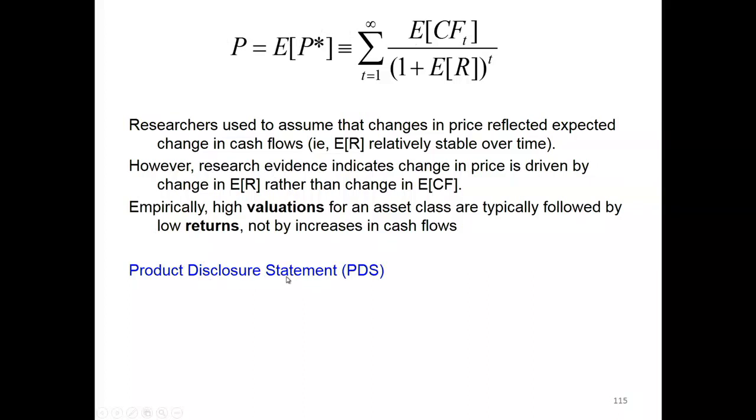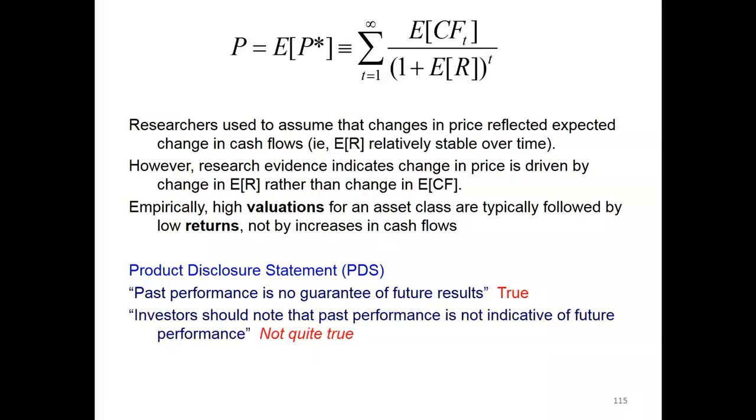There's a product disclosure statement which says, past performance is no guarantee of future results. That's true. But there's also another statement, investors should note that past performance is not indicative of future performance. That's not quite true.